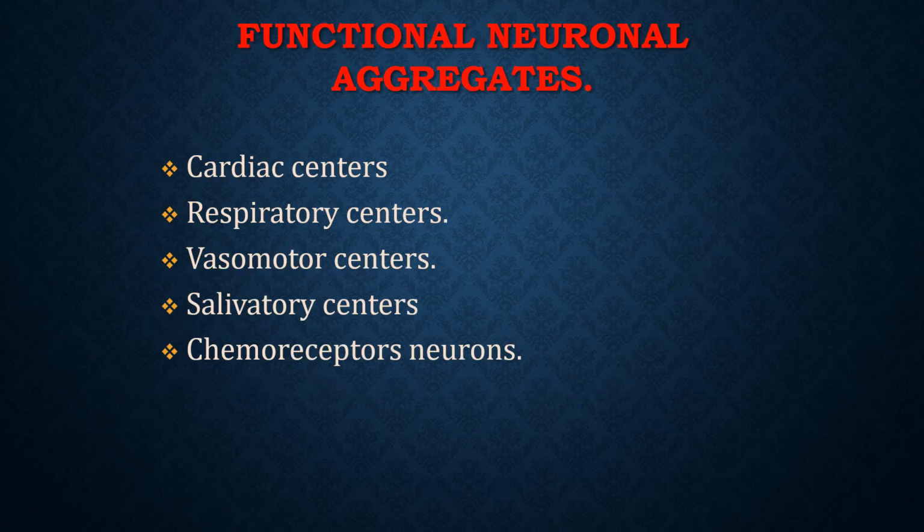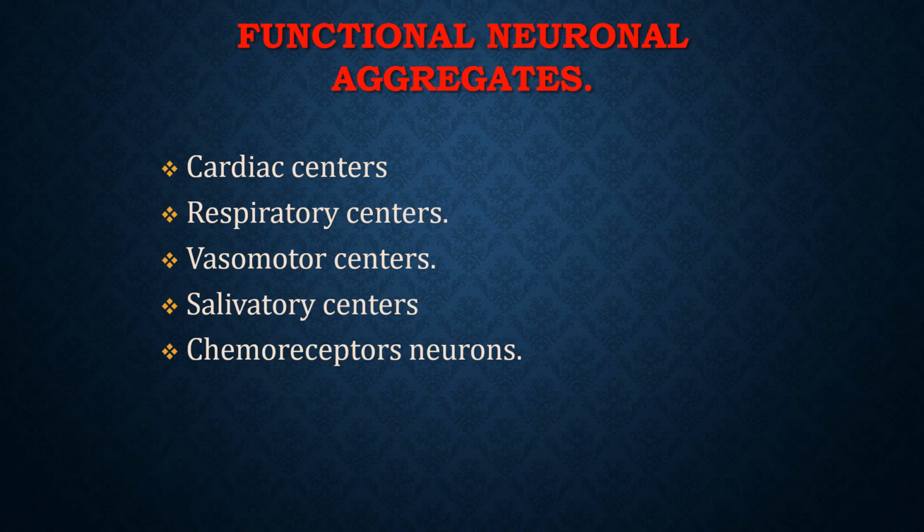The functional neuronal aggregates are mainly the cardiac center, respiratory center, vasomotor, salivatory and chemoreceptor neurons. These centers are concerned with heart functioning and lung functioning. Vasomotor is related to vessels and heart, and salivatory centers relate to saliva, that is the gastrointestinal system.